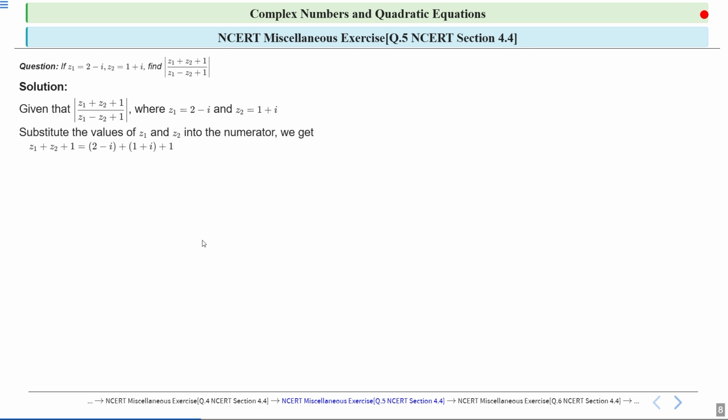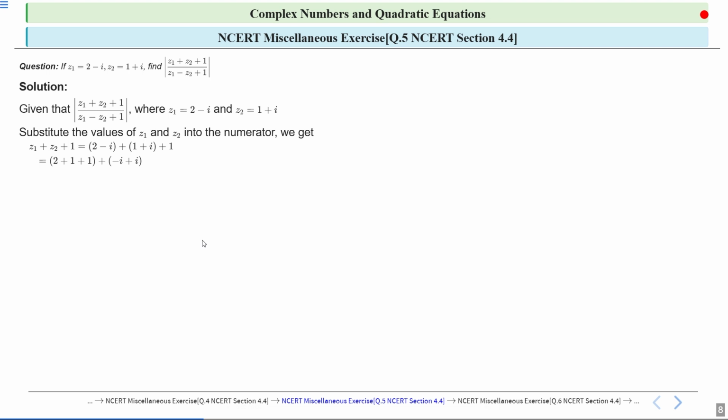So now let's start with the numerator. Here we substitute z1 and z2 into the expression z1 + z2 + 1. This gives us 2 - i + 1 + i + 1. Now let's add the real and imaginary parts separately.